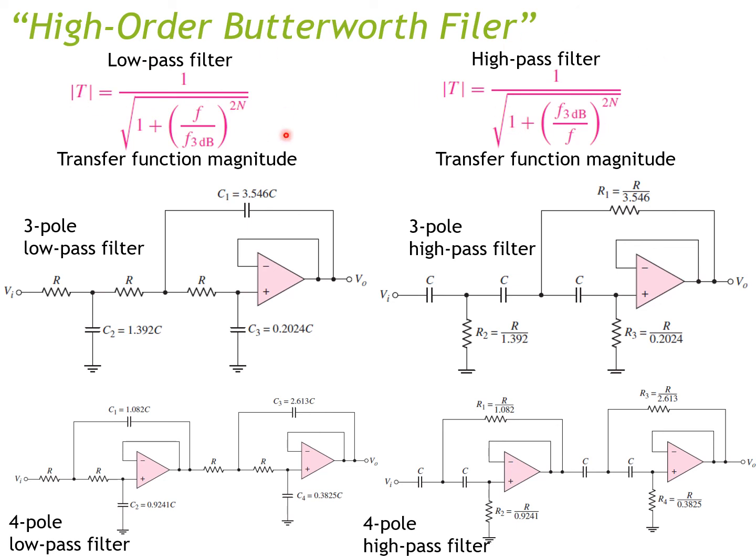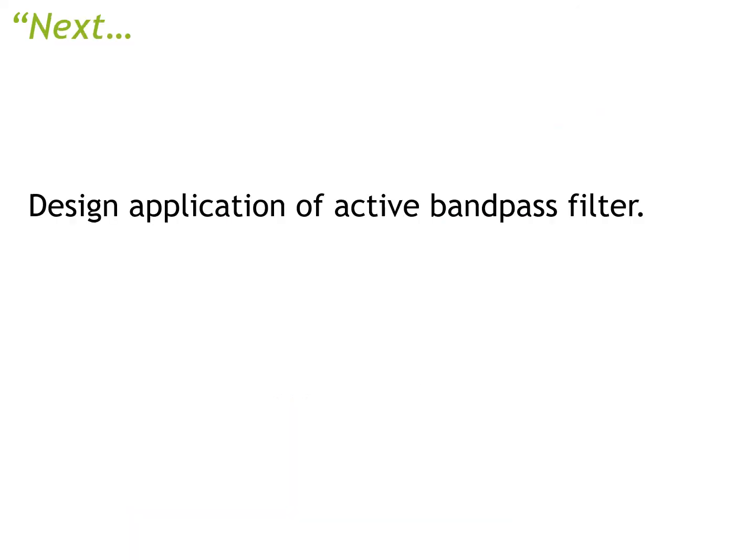This is for the low pass and this is for the high pass, substituting n for the number of poles, or the order number that you have in your circuit. So here is one example for the 3 pole low pass filter. Here is one example for the 4 pole low pass filter. Here is the 3 pole high pass, and here the 4 pole high pass.